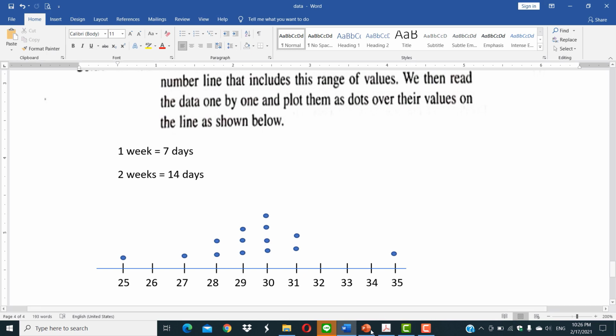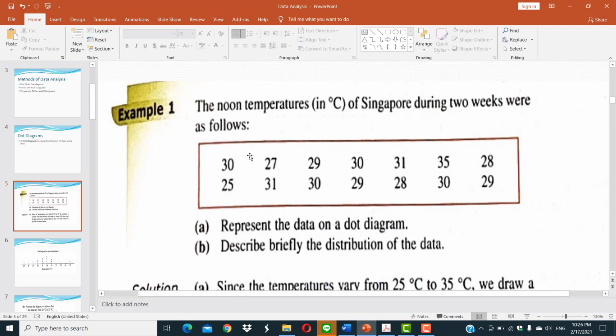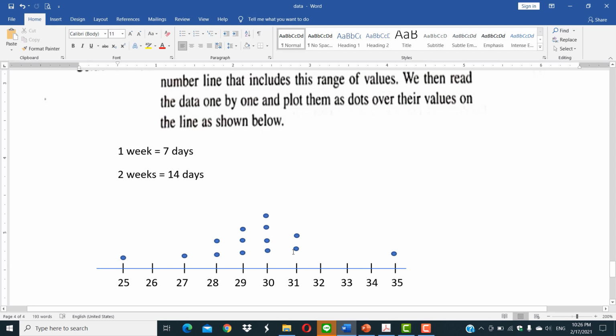Now number 31, 1, 2. Two numbers of 31, that's why two dots.